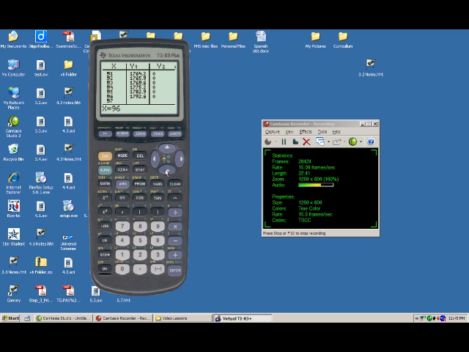Probably a much more efficient way to do this would have been to change my table to go by tens or something. But I can see now that I'm already going back up. So there was a low point. And what I'm going to do is move this up to, say, 3,000, so we can see it, just to be sure. So it did go down. It just didn't hit the x-axis.